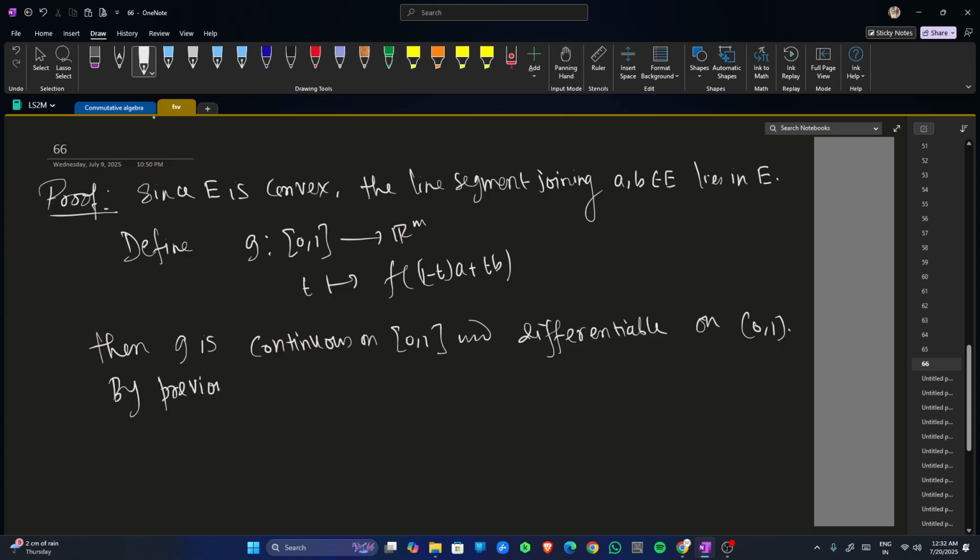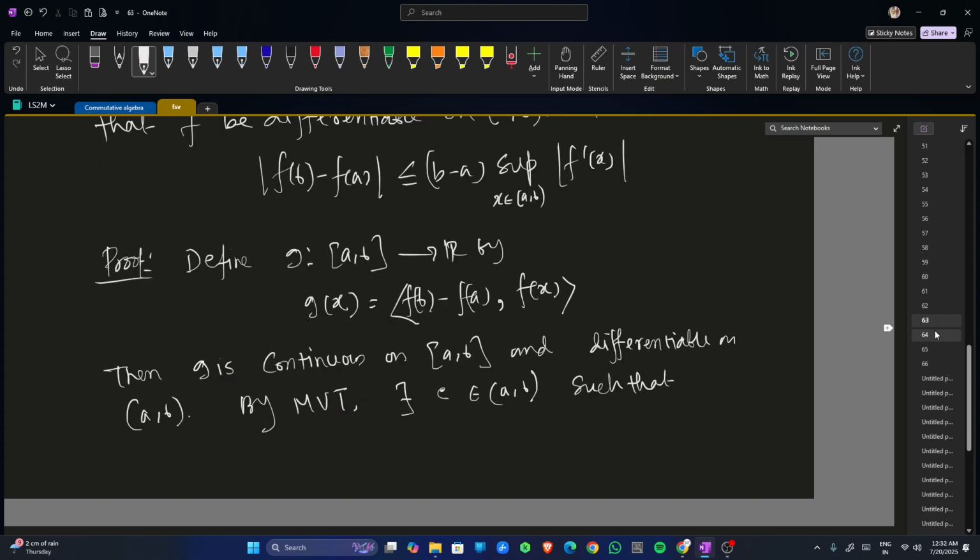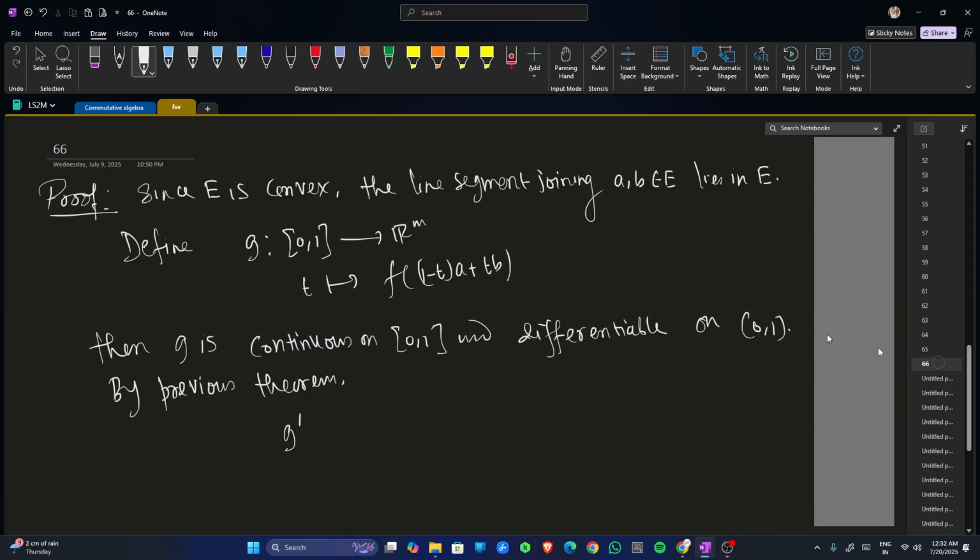By the previous theorem, the norm of g(1) minus g(0) is less than or equal to the supremum of the norm of g prime x, times 1.